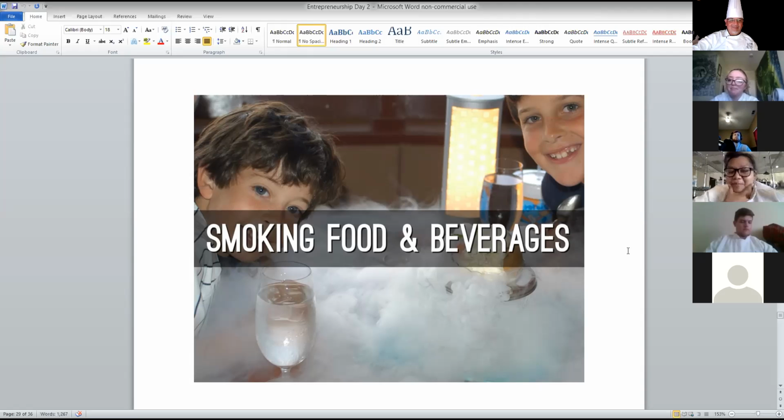Either one. There's a big difference. One's not yet in Texas. Well, it depends on the state you live in, but it's still a really good marketing plan, at least for now. Just make sure you keep those ingredients locked up because they can be consumed at the workplace or they can be stolen. Shrinkage. Exactly. Okay. Smoking food or beverages.